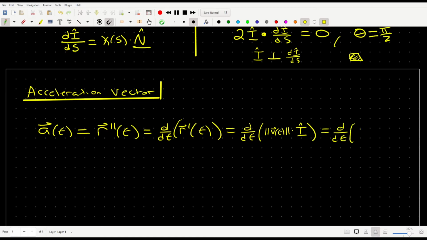Equivalently, you could write this as s prime of t, the derivative of arc length with respect to t, times the unit tangent vector.